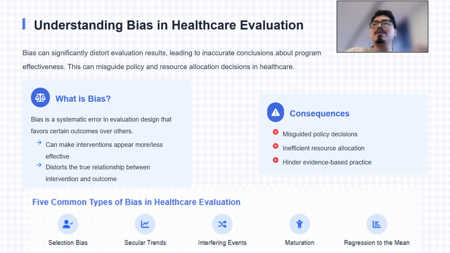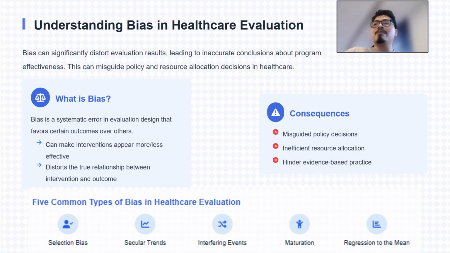So we estimate it using a comparison group, people who didn't get the program. If the comparison group is similar to the program group, our estimate is good. But if there are differences between them or outside events that affect only one group, our estimate becomes biased. That's why bias is one of the biggest challenges in evaluation.